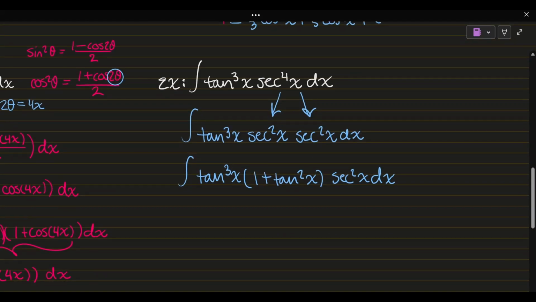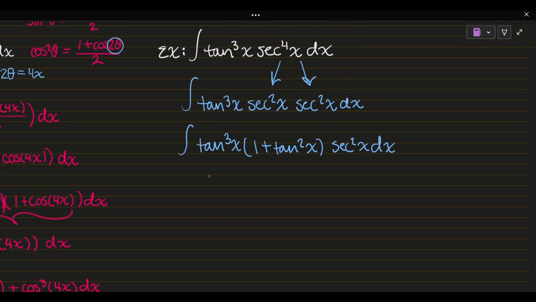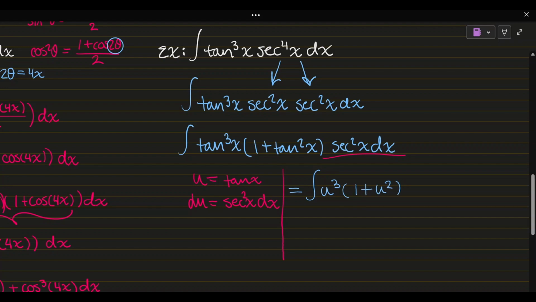And you might see where this is going. If I let u equal tangent x, then du equals secant squared x dx. Okay, now doing my substitution, this secant squared dx will go away, and I get the integral of u cubed times 1 plus u squared du.